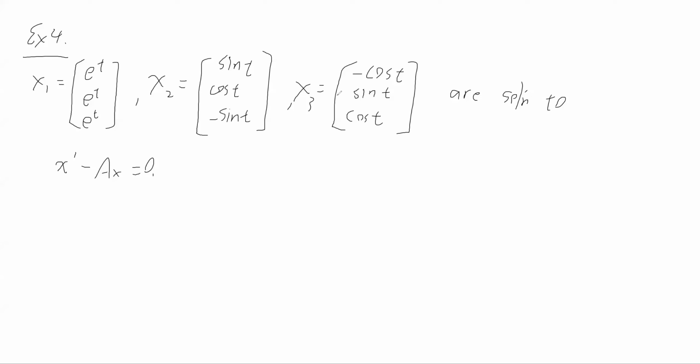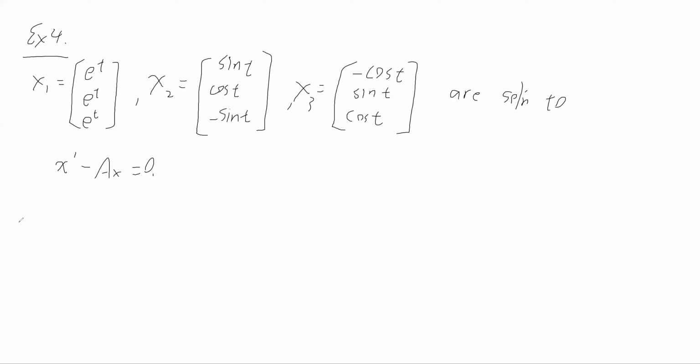All right, so to check if these three are linearly independent, there are many ways. You can use the Wronskian, or you can use trial and error. Since we have three vector functions and each one of them has three entries, let's try the Wronskian and see if that will work.